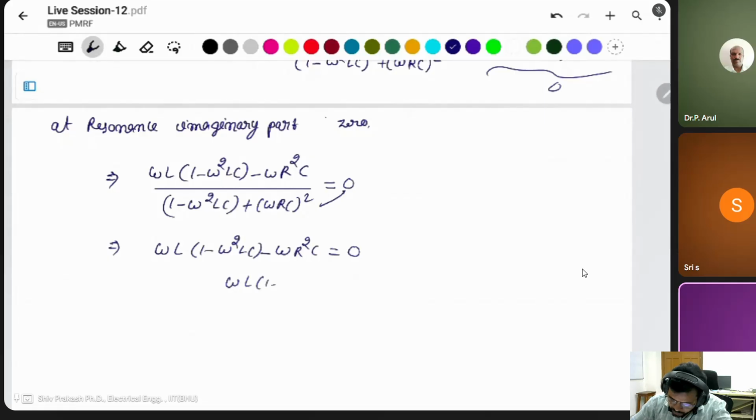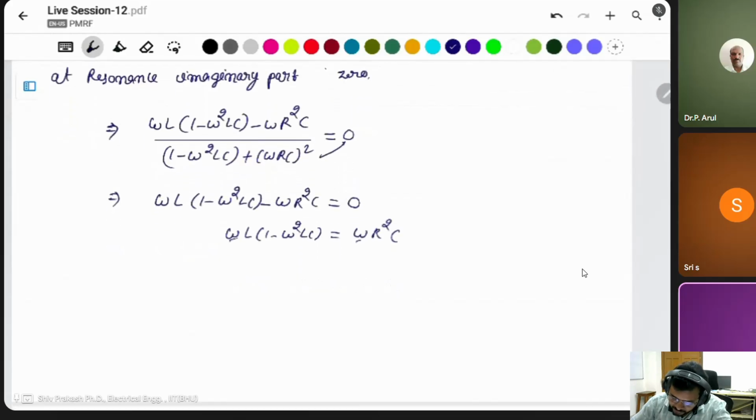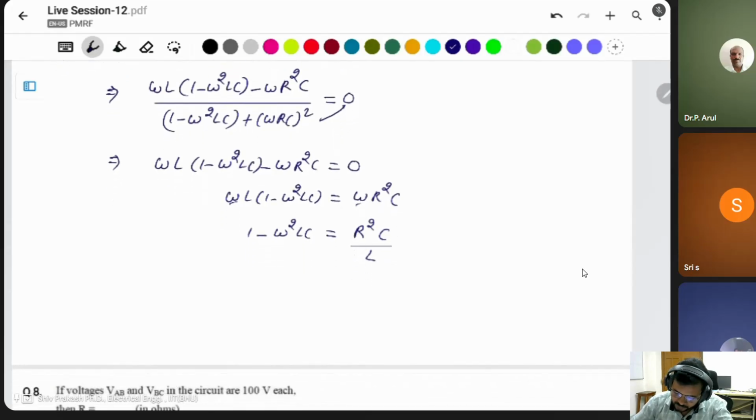That means omega L times 1 minus omega square LC is equal to omega R square C. Omega cancels out. So 1 minus omega square LC is equal to R square C by L. Then omega square LC is equal to 1 minus R square C by L, that is, R square C by L minus 1.